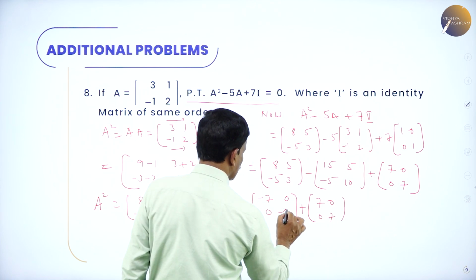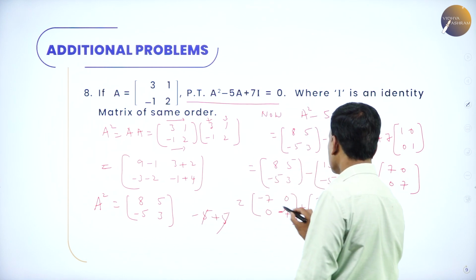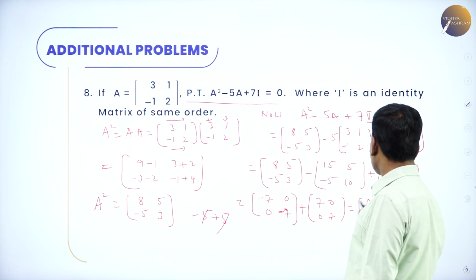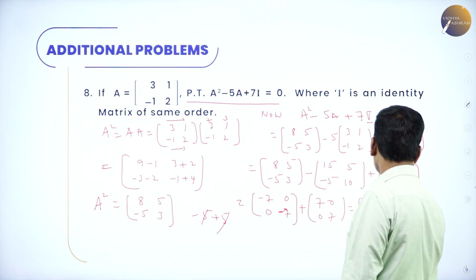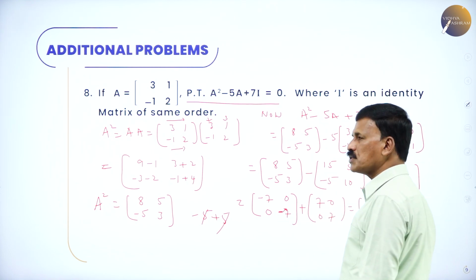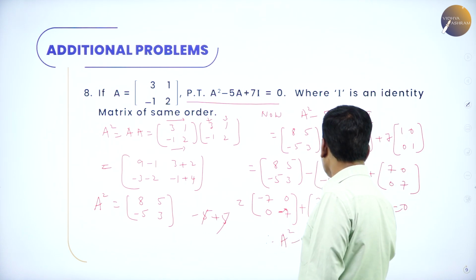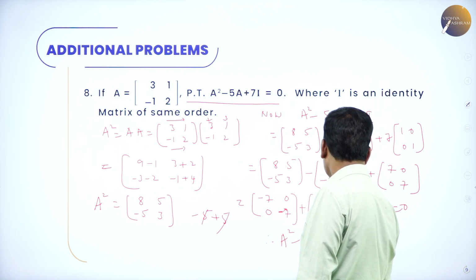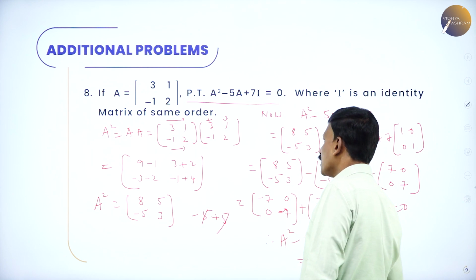Now, if you add: minus 7 plus 7 is 0, 0 plus 0 is 0, again 0 plus 0 is 0, minus 7 plus 7 is 0. This is equal to 0, a null matrix. So, therefore, A square minus 5A plus 7I is equal to 0, a null matrix.